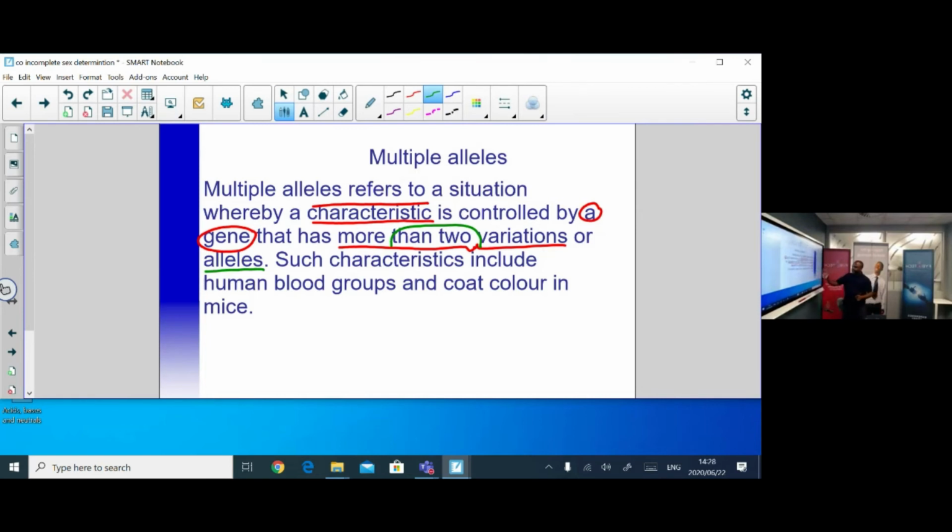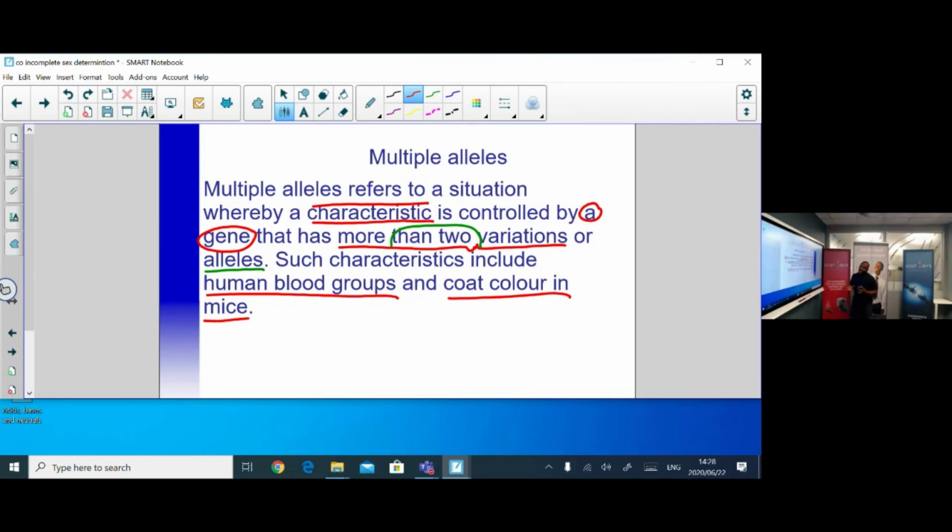Such characteristics include blood groups and coat color in mice. So for today, we are looking at an example of multiple allelic interactions, specifically human blood groups.